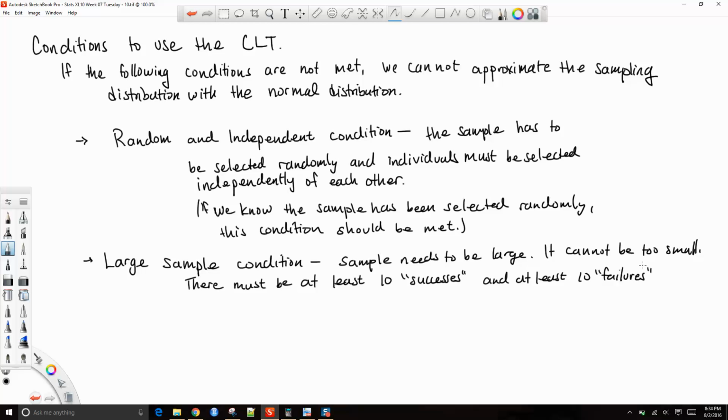If the counts of successes and failures are not provided, then n times p and n times 1 minus p must both be bigger than 10.